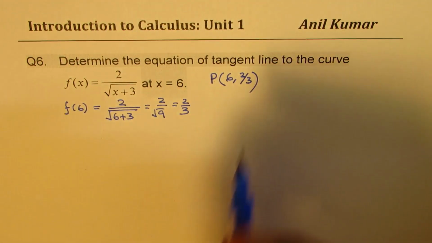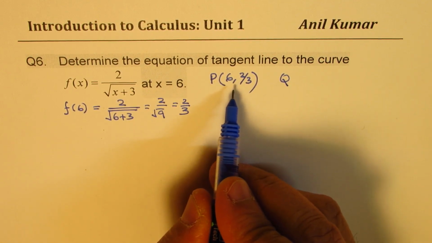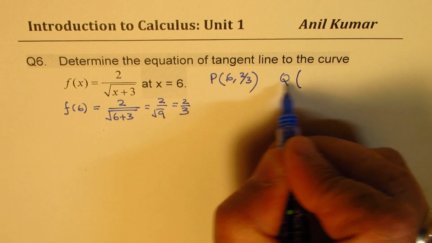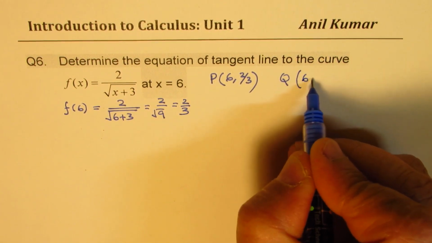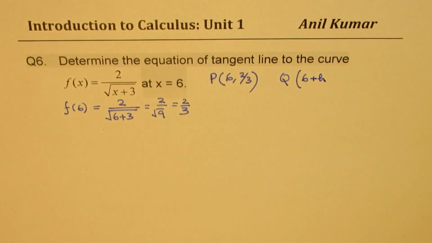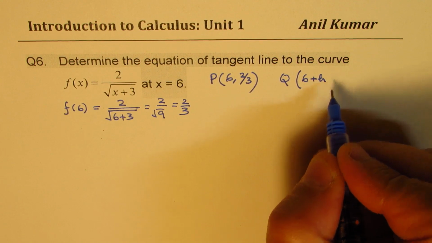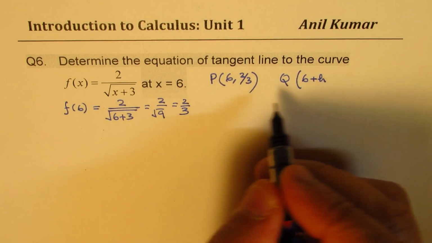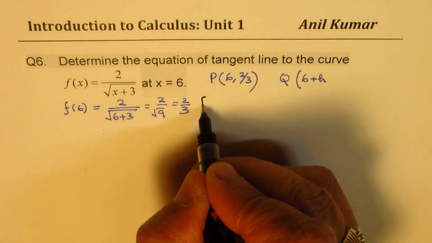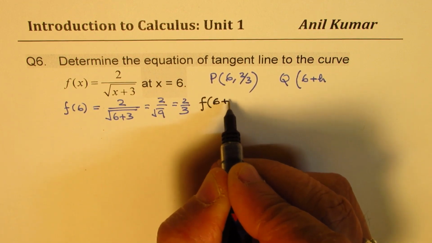To find the tangent, we'll consider another point Q, which is very close. Close means we'll take a value where the x value will be 6 plus h. You get the idea. Now if 6 plus h is the x value, then what is the y value? Let's calculate that also, right? So if 6 plus h is the x value, then what is f of 6 plus h?